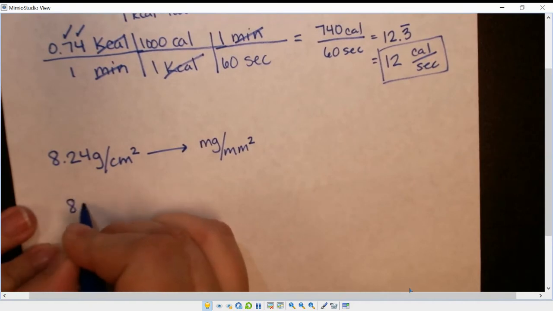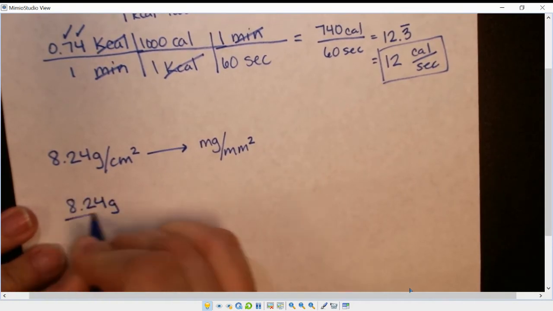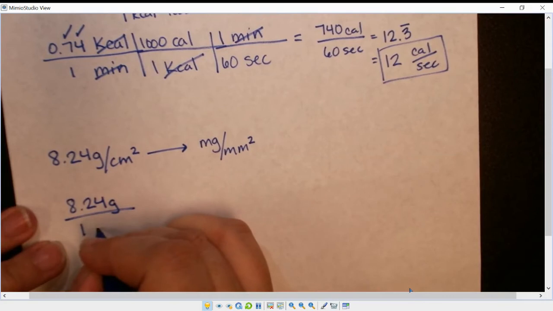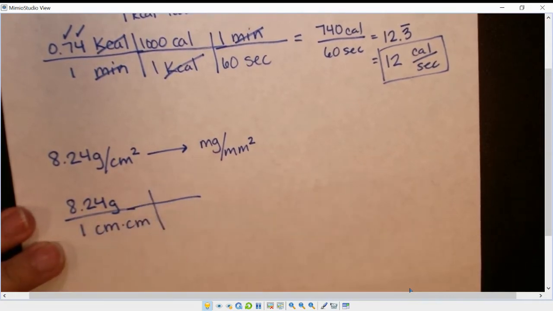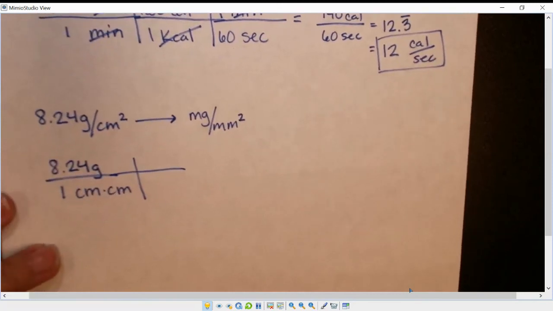Same concept. This is 8.24 grams per 1 centimeter times centimeter. And I'm going to work on either the numerator or the denominator. It doesn't matter which one you do first. Which one do you want to do first? Grams to milligrams or centimeter squared to millimeter squared?